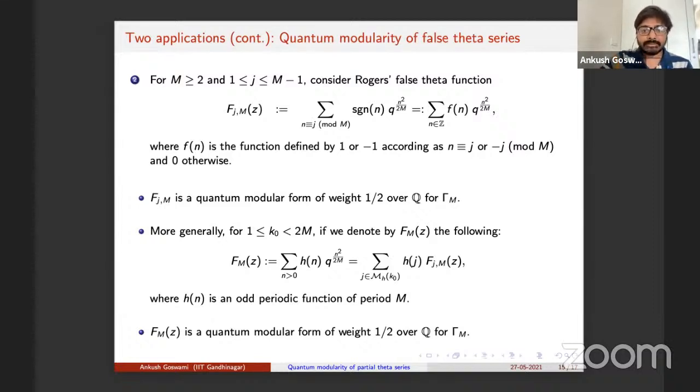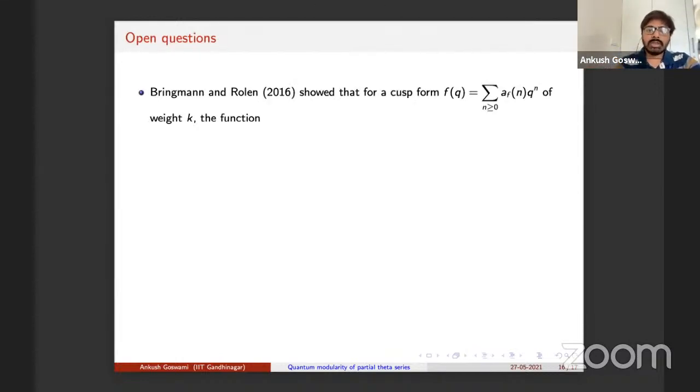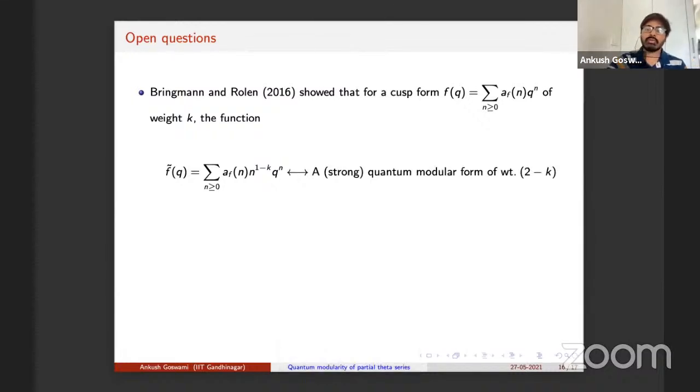So I will end my talk with these open questions. The first is, in 2016, Brinkman and Rowland showed that if you have a cusp form f of q, which is defined by this Fourier expansion, and suppose this is a cusp form of weight k, where k can be any integer or half an integer, then the function f tilde of q, which is defined like that, the sum of a sub f of n times n to the power of 1 minus k times q to the power of n, is a strong quantum modular form of weight 2 minus k.